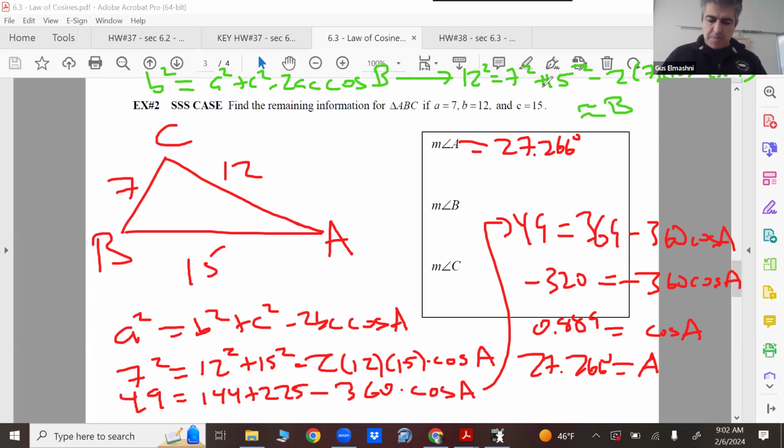And I'm just skipping some steps, guys. You should get 51.75 degrees. You just work it out. Isolate angle B and do the inverse cosine. And then lastly, angle C would be 180 minus the sum of those two.